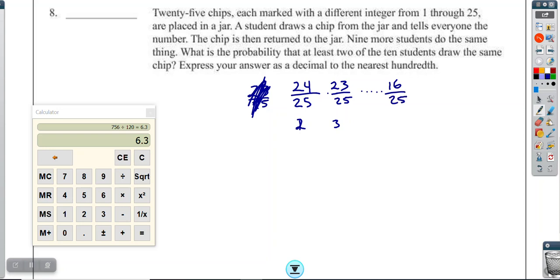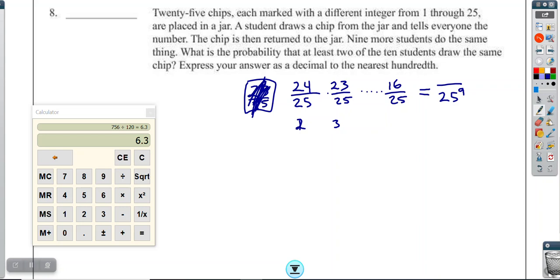So the odds that something is not going to be repeated is going to be 24 times 23 times 22 times 21 times 20 times 19 times 18 times 17 times 16, all over 25 to the 9th, because we have 9 numbers, right? Because the first one we canceled out to 1. And that's going to be this heinous multiplication problem.